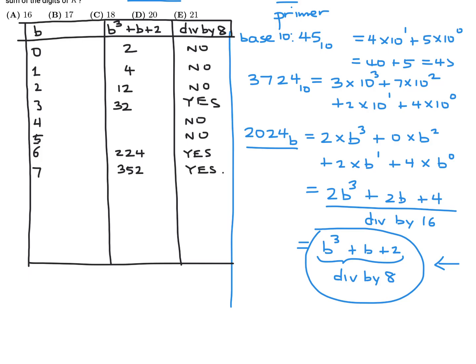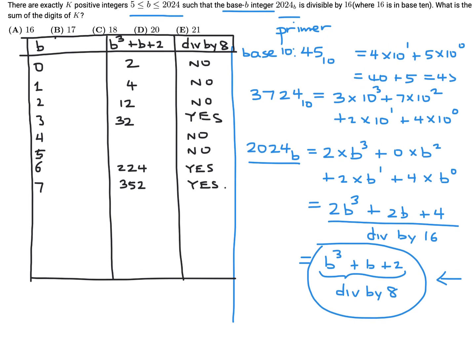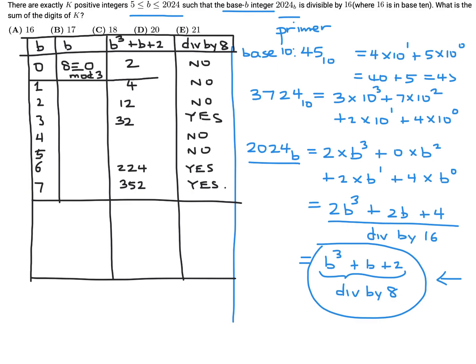Now, what's interesting is that if we continued with this list, and I want to do it side by side, next to a value for b of 8, the reason is that b equals 8 is the same as 0 mod 3, and therefore it would have the same result.